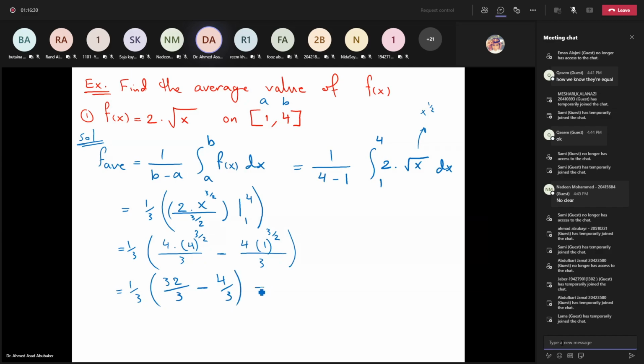So we have 1 over 3 multiplied by 28 over 3, so the final answer, the average, is 28 over 9. So the average from 1 to 4 for this function is 28 over 9.